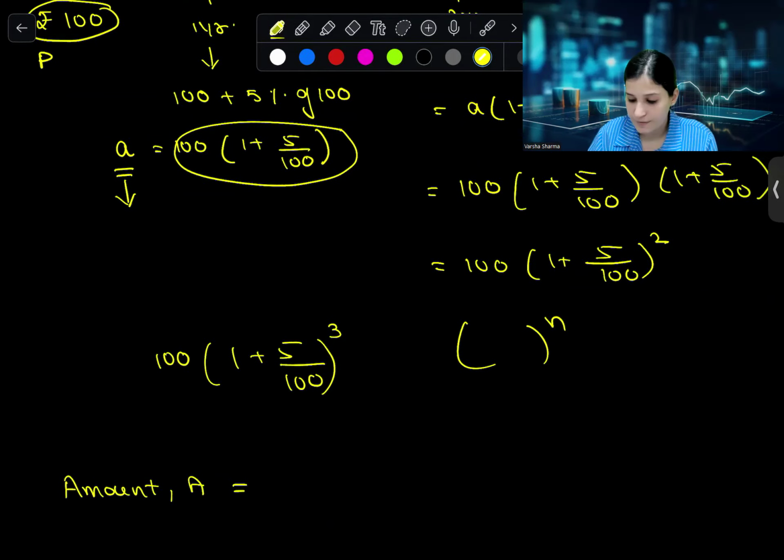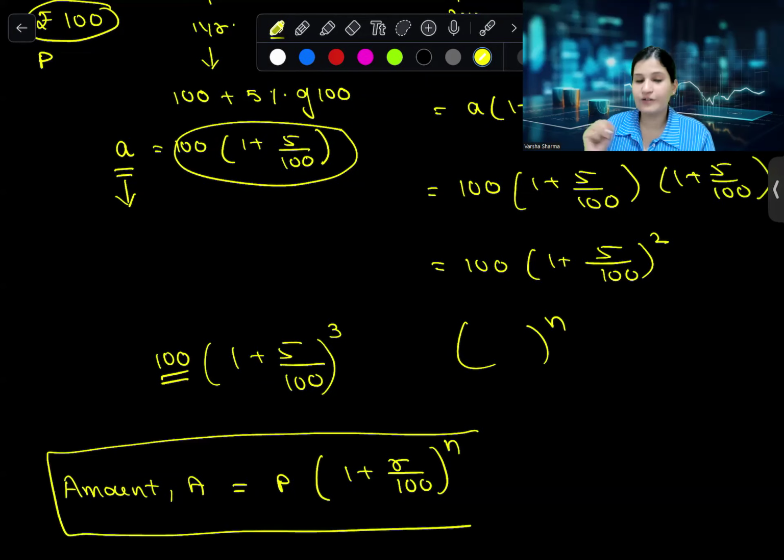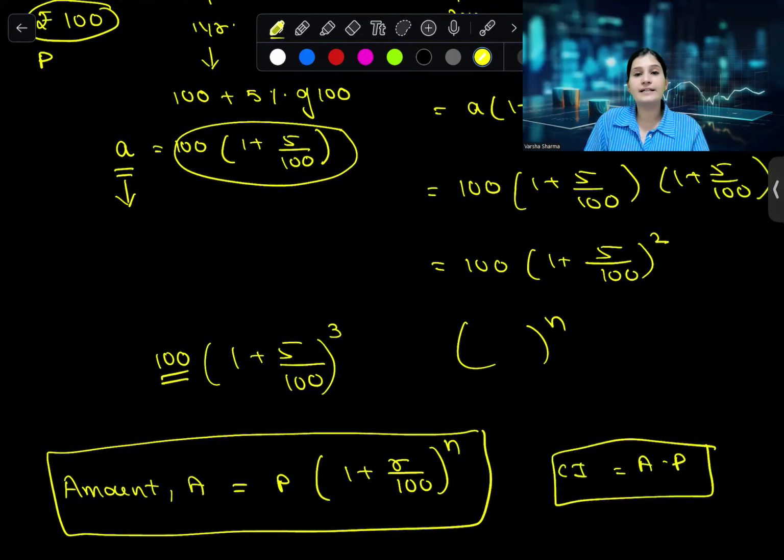A equal to P into 1 plus R by 100, whole raised to the power n, where n is the number of years. This is my compound interest formula. This is amount. If I want to find out interest, amount minus principal will give me the interest. Did you all understand this?